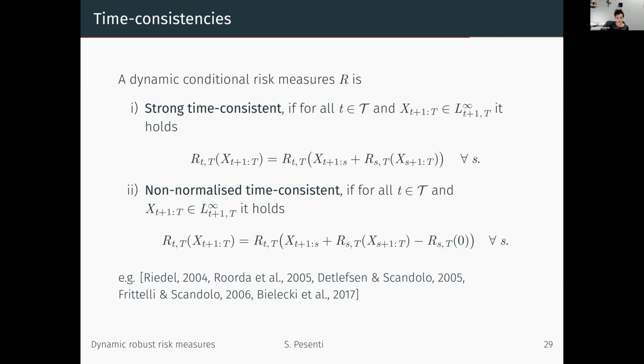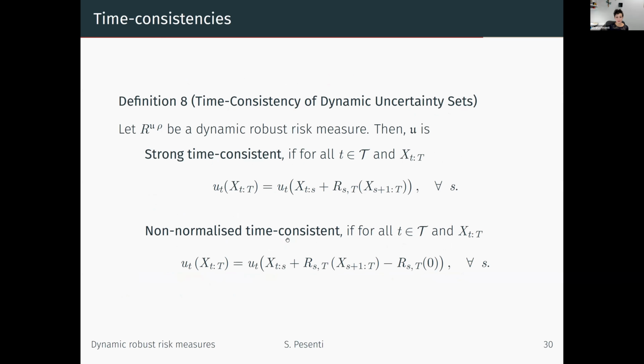So then what we did is we also defined what a time-consistent uncertainty set is. Let me focus on the strong time consistency. The uncertainty set of the stochastic process from little t to capital T can be decomposed as the uncertainty of the process up to time s plus the risk to go, right?